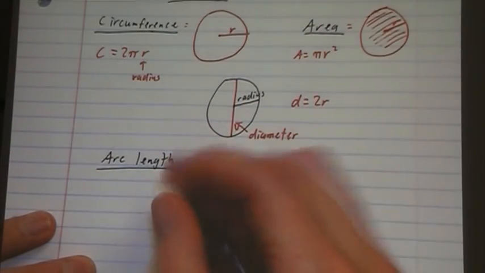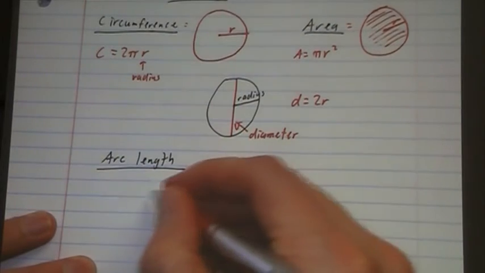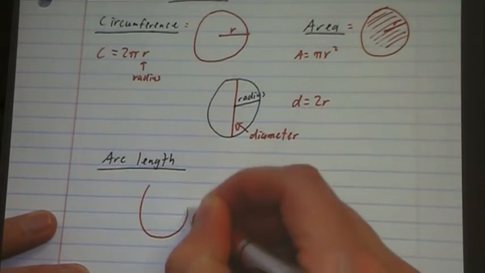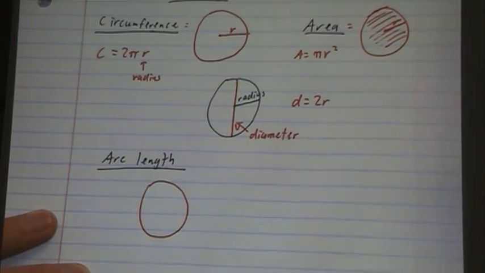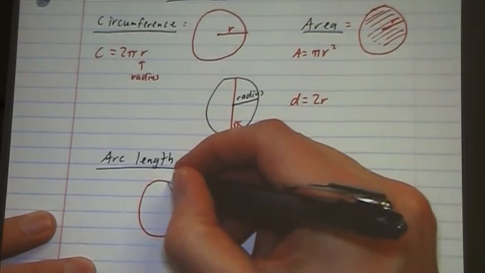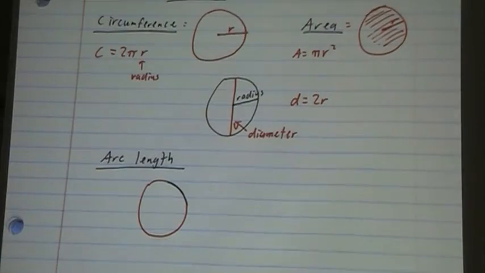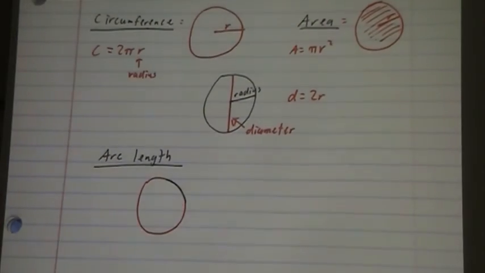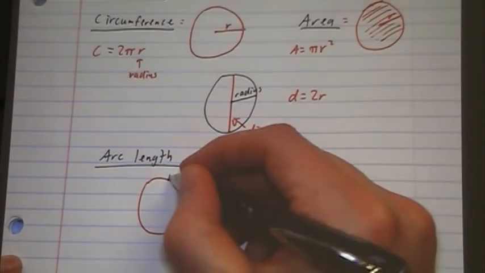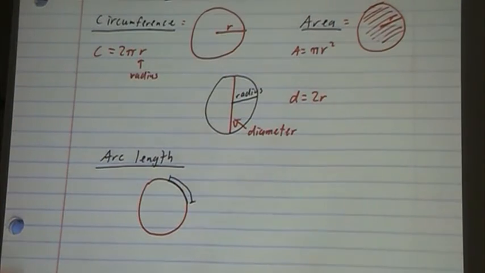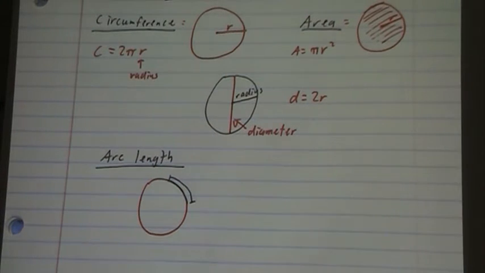For example, I'll do my circle like this. An arc would be a section of the circle. So just the black part of the circle there. I know you can't see that very well. It starts here, goes to here. So it's just a portion of the circle. We're not looking for the whole thing, we're just looking for part of it.